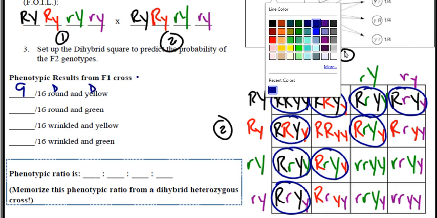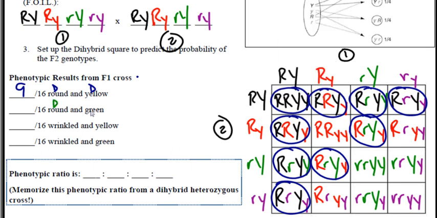Now we're going to take a look at dominant for round, but recessive for color. So dominant, recessive. I see that right here. Dominant, recessive. 1, 2, 3. So 3 are right there.